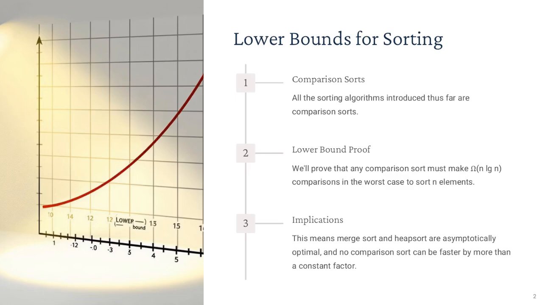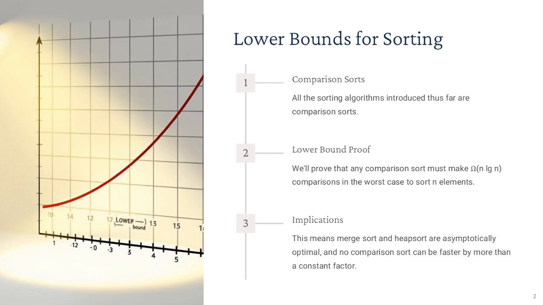Let's delve into the fundamental lower bounds of comparison-based sorting. Comparison sorts, such as the ones discussed earlier, operate by comparing pairs of elements to deduce their relative order. This is the essence of how these algorithms function. The important question, then, is how efficient can any such algorithm be? We will prove that no comparison sort can sort n elements with fewer than Ω(n log n) comparisons in the worst case.